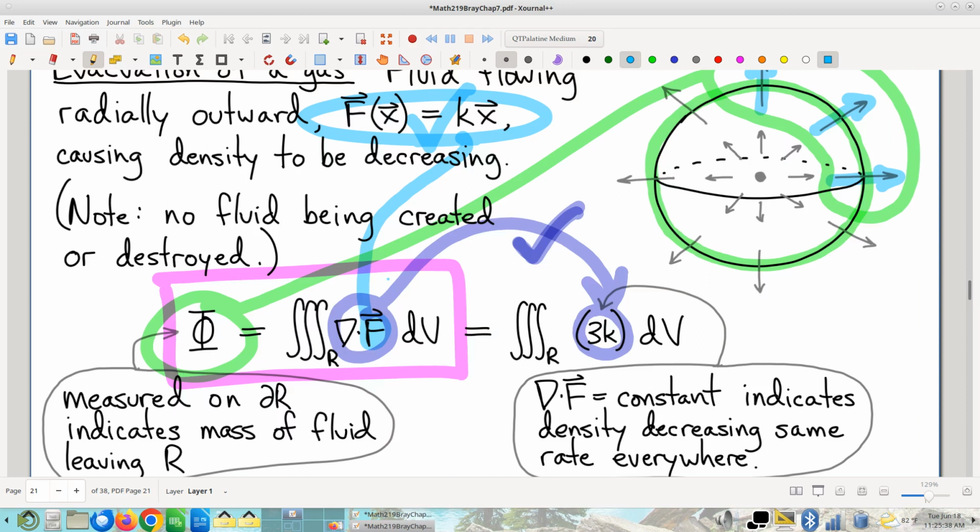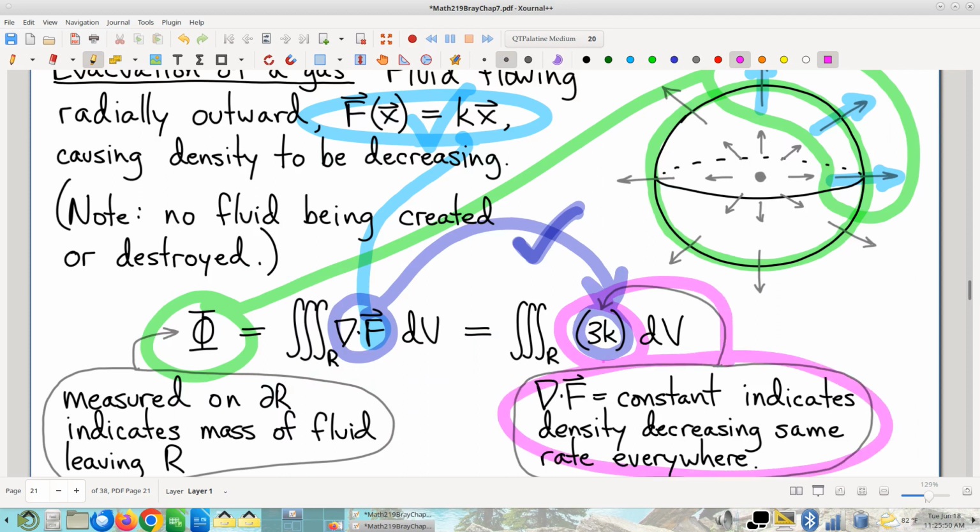So what's the interpretation that I make of this 3k? What is it telling me? I'm claiming that if the total density is decreasing, this tells you where and how much.